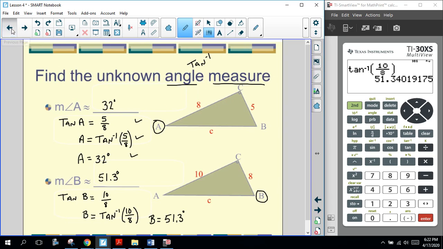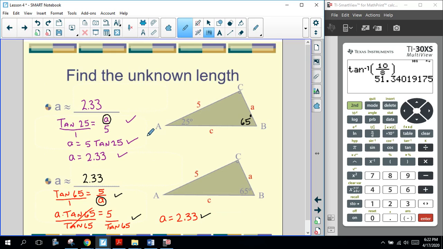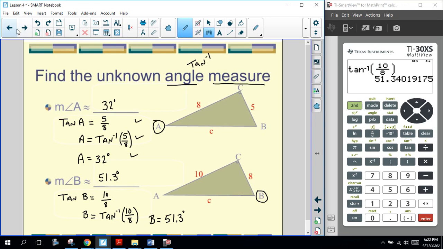Go back a slide. Whenever I ask you to find the length of a side, an unknown length, you are not using the tan inverse. You're using just the regular tangent key, and that will be consistent all the time. So what do you do on the calculator? To find an angle measure, you use the inverse. To find a side length, you use just a regular tangent key.